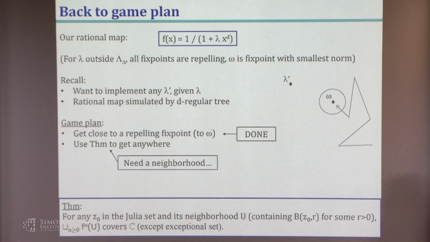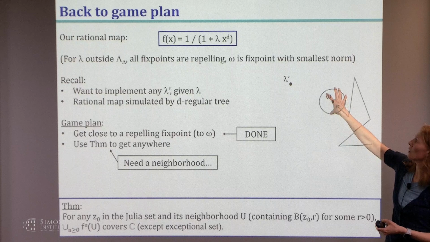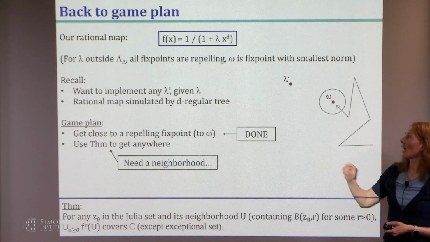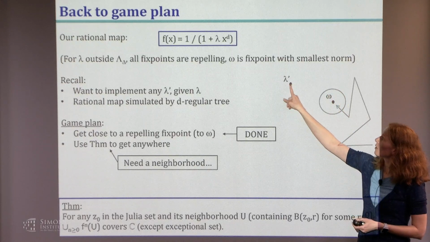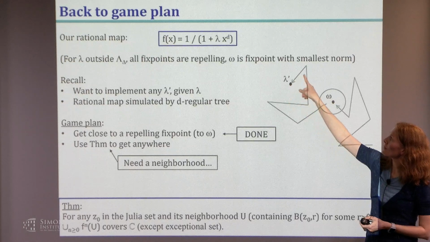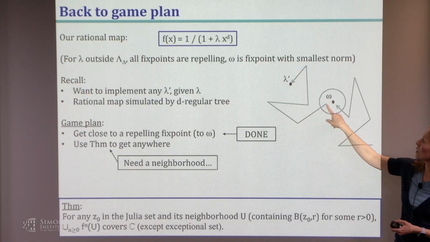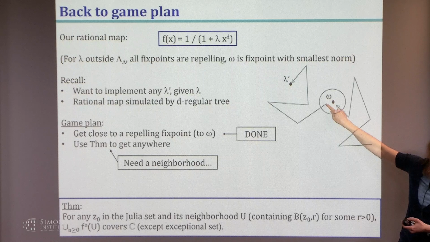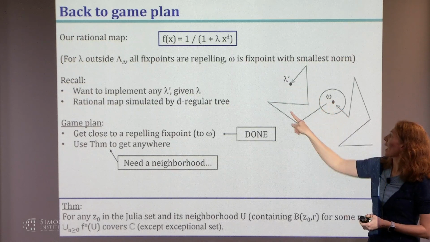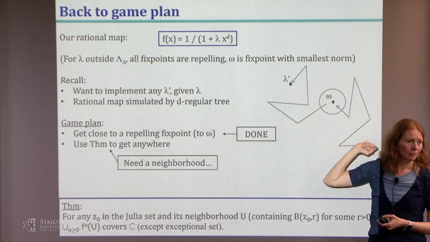What happens next? Well, to be able to apply the Julia set theorem, I need the neighborhood. And I can now compute backwards from my lambda prime where in the neighborhood I should have originated from, so that my univariate map gets me to my lambda prime. Okay?